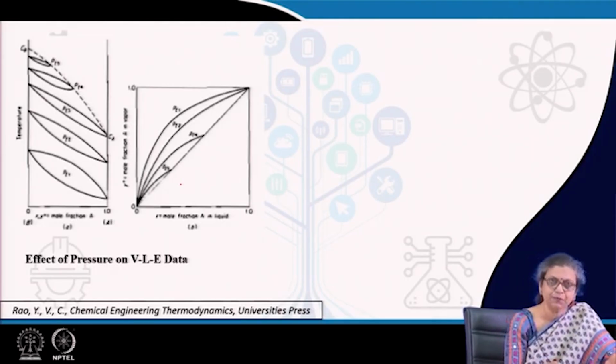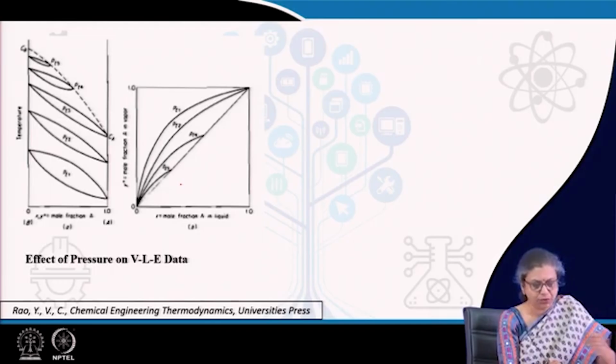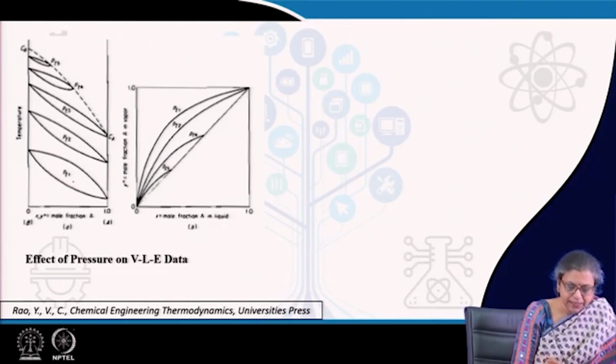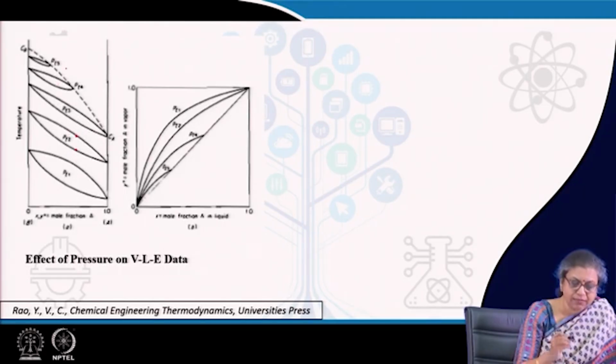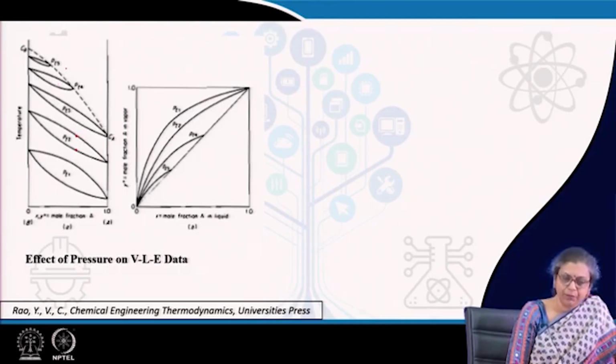What do we find in this particular case? If you observe carefully, more or less the difference between the bubble point and the dew point becomes narrower and narrower as we go to higher pressure conditions.